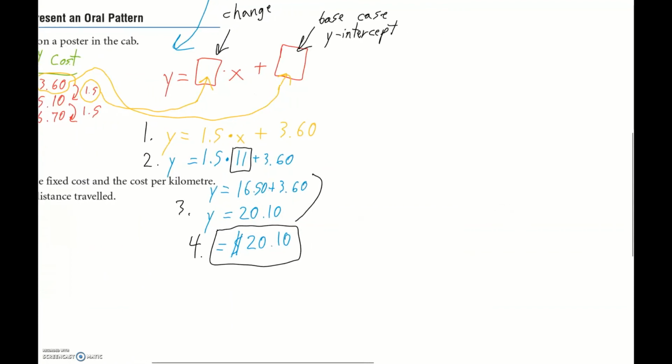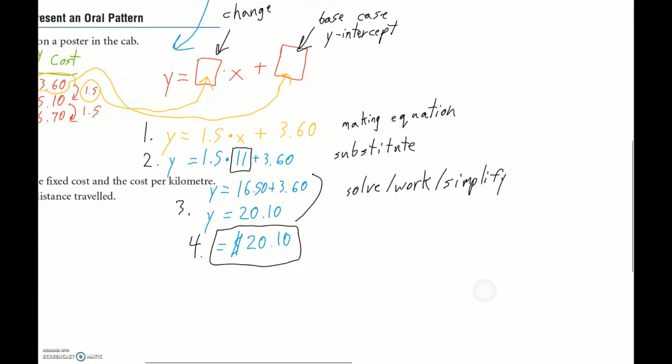So that is making the equation, which is the main part, and then you substitute where we put in the 11, and then solve or do your work or simplify. Any of those words work here. Simplify. And then box your answer.